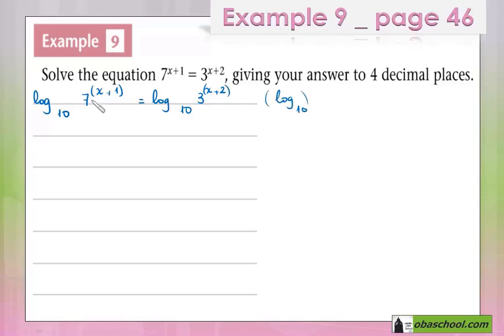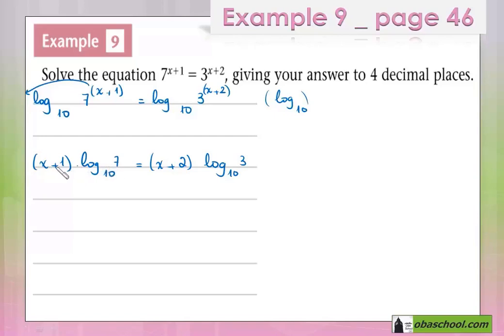We have to change the form of the whole equation. The exponent x plus 1 becomes a coefficient of log 7, as we have learned in the logarithm laws. Same for the other side of the equal, x plus 2 times log 3.